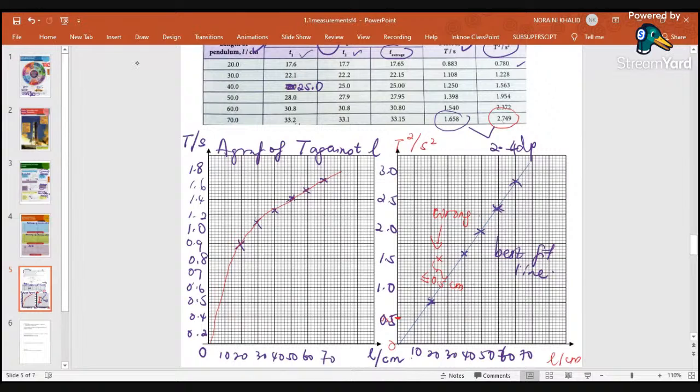So when you carry out the experiment during the practical exam, don't clean up first. If you find one point very far from the line, try to redo this point. Maybe something went wrong during the experiment. This is one suggestion for you all.